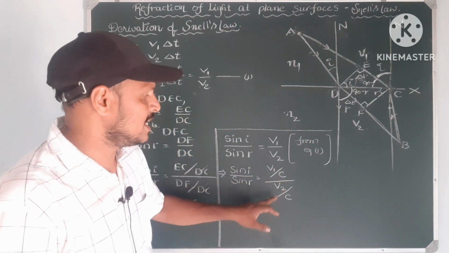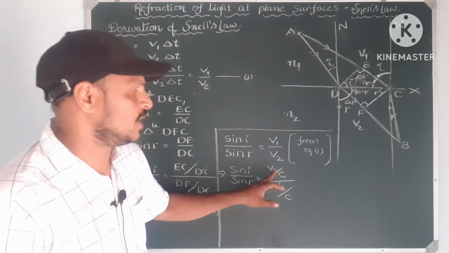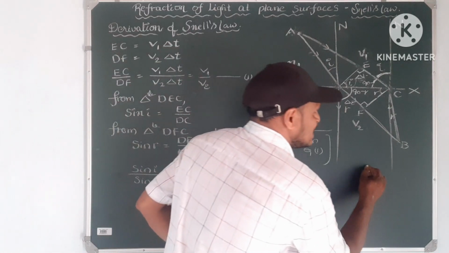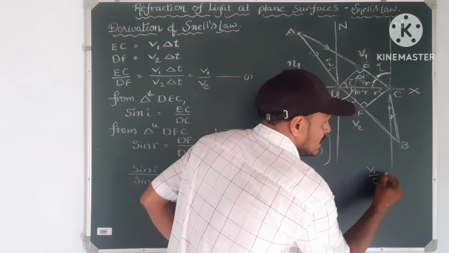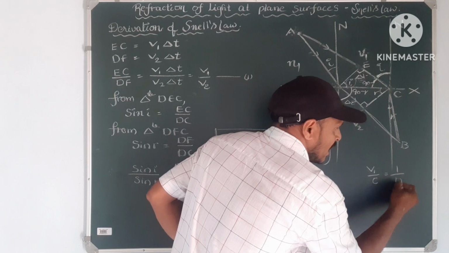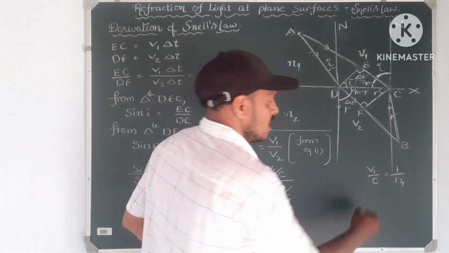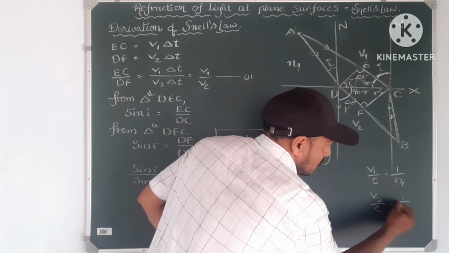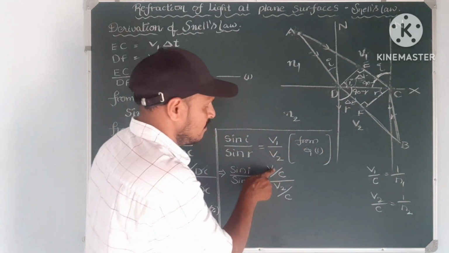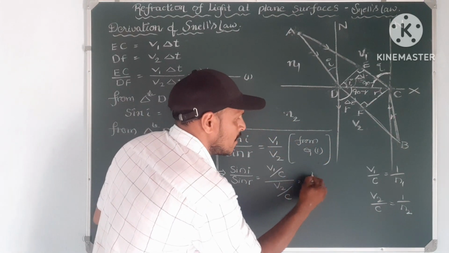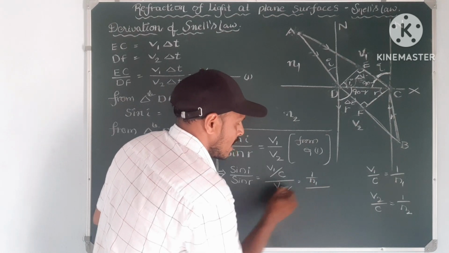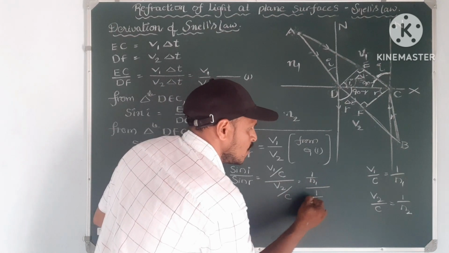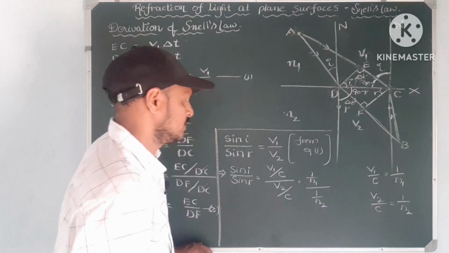You know, V1 by C is equal to 1 by N1 and V2 by C is equal to 1 by N2.